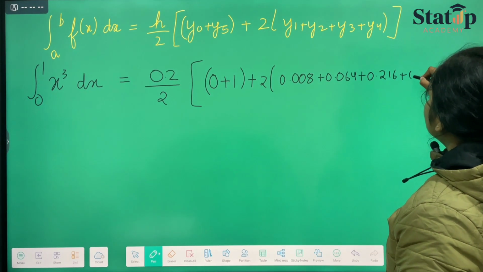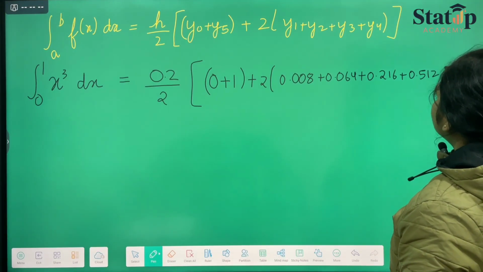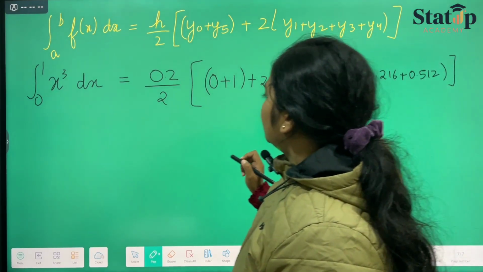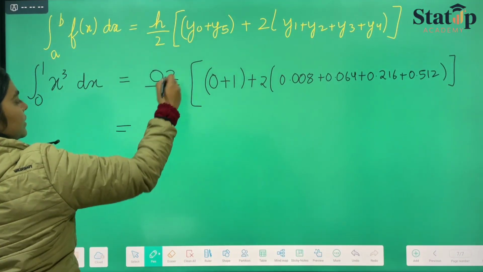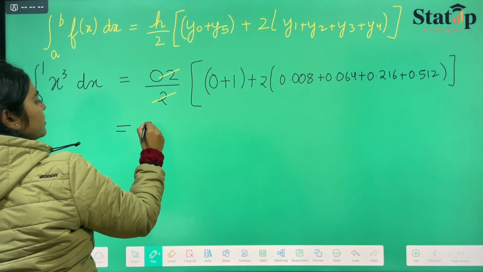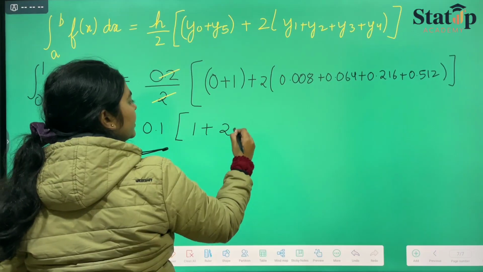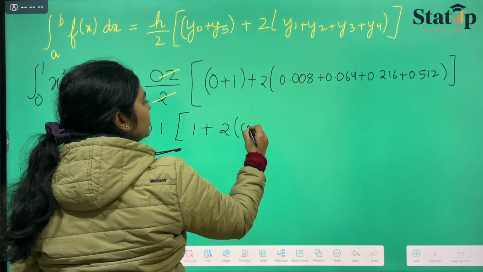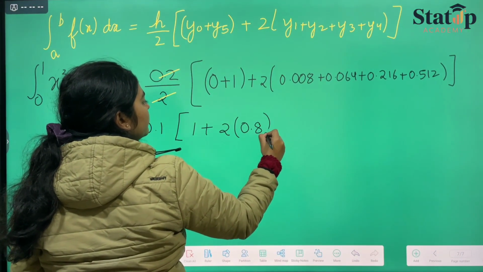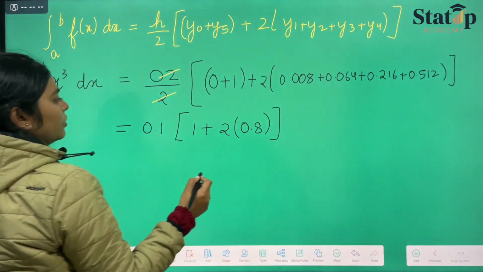All of this multiplied by 2. So if we cancel this out, we will get 0.1, and in the bracket 1 plus 2 into this, which will become 0.8. You can add that and solve on your own.